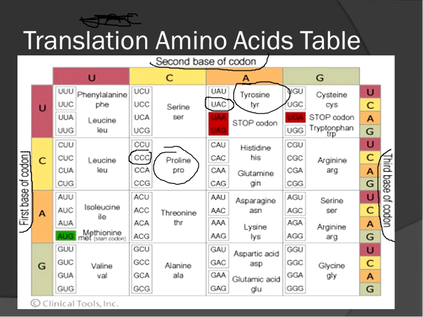So let's say now I got, let's see. Don't worry about these up here. I'm going to type it in the box, and then you tell me the 3 amino acids that go with it.